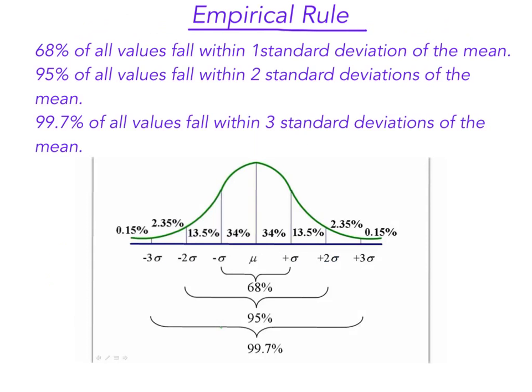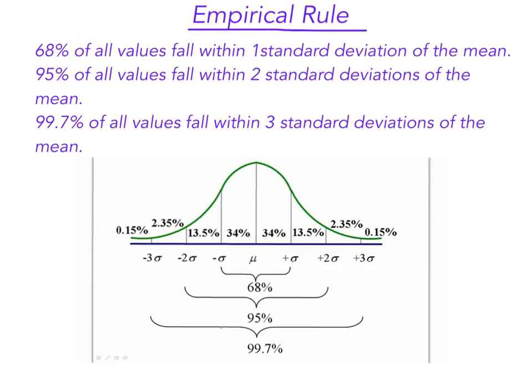Now let's discuss the empirical rule. The empirical rule states that 68% of all values in a normal distribution fall within one standard deviation of the mean. It also states that 95% of all values in a normal distribution fall within two standard deviations of the mean.